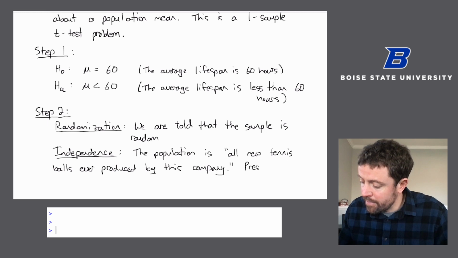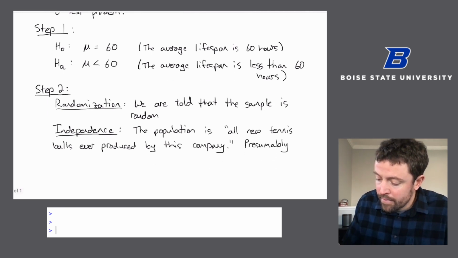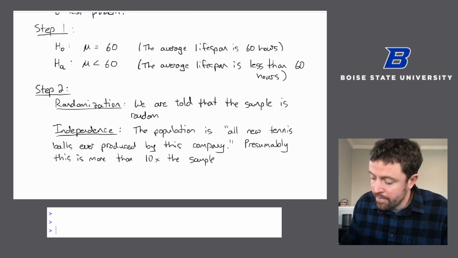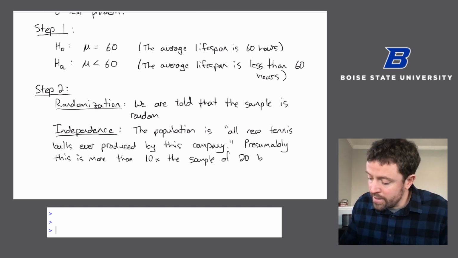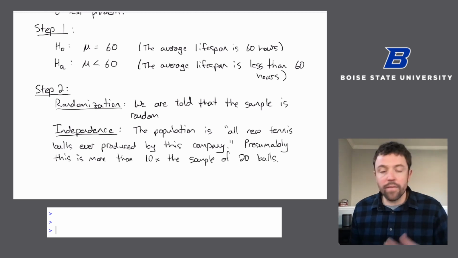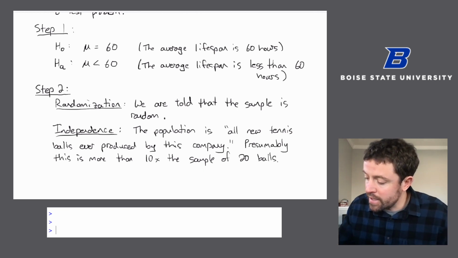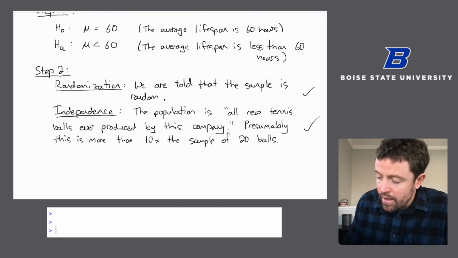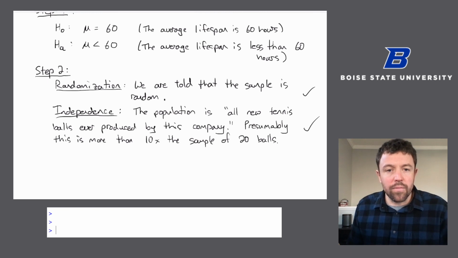So presumably, this is more than 10 times the sample of 20 tennis balls. So my first two conditions are satisfied. And actually, I think it's useful to put a little check mark next to the conditions that are satisfied. If something wasn't satisfied, I would put a little X next to it, even if I said that in words.